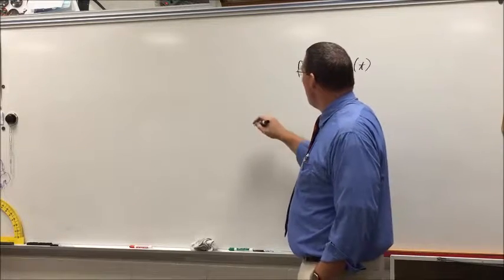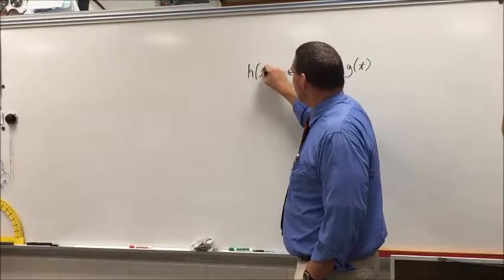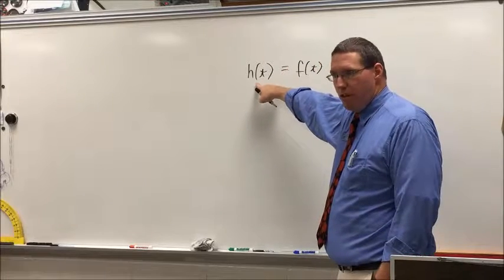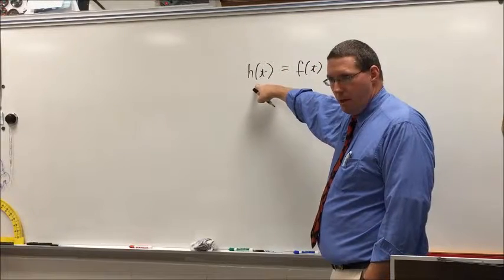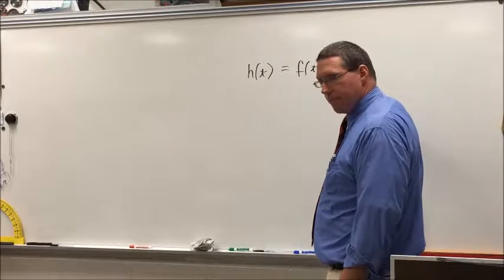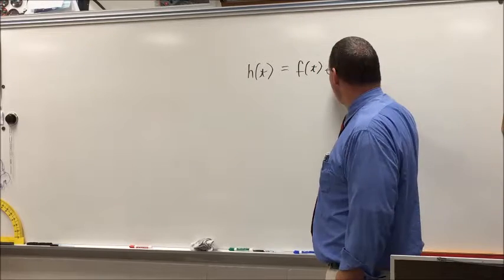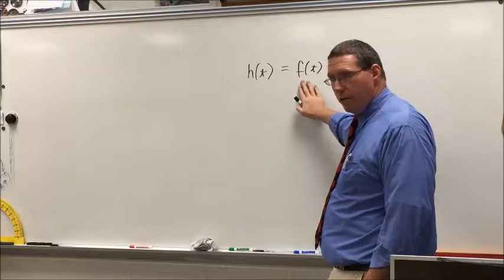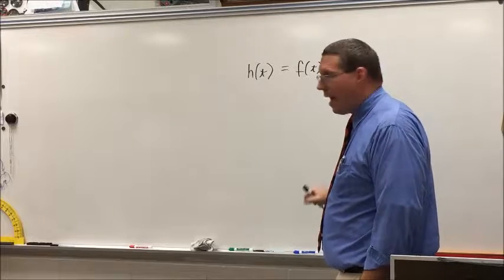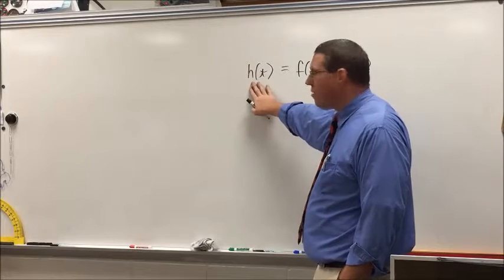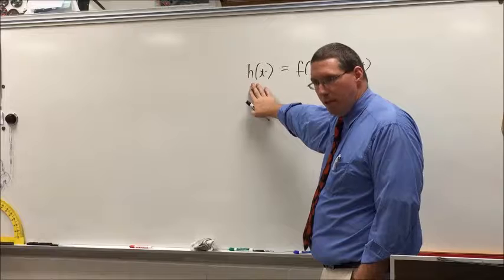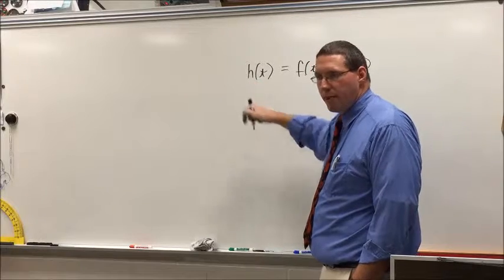So if we want to know how many people are actually in the museum at any particular time, what do we do with these two? We subtract them. We do the increase minus the decrease. And if we want to know when this is at a maximum, how do we do an optimization problem?